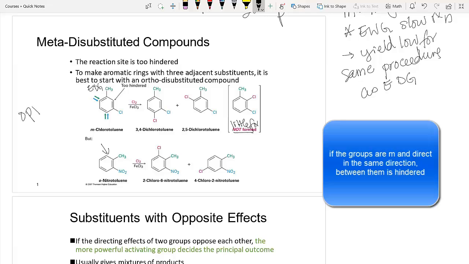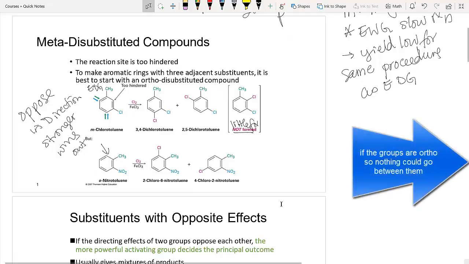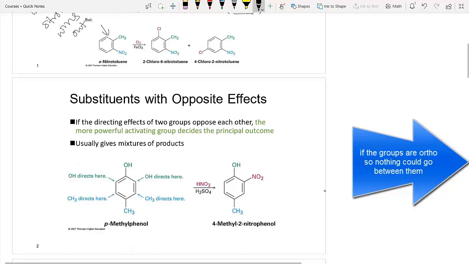When the groups are in the same direction, they will produce products in the same direction, like I said, but if they're opposing each other, which is the next point that we'll talk about, then the stronger activator will win out. In the case below, we have two groups directing in the same position, but we don't have that meta to prevent the two groups from blocking one particular site.